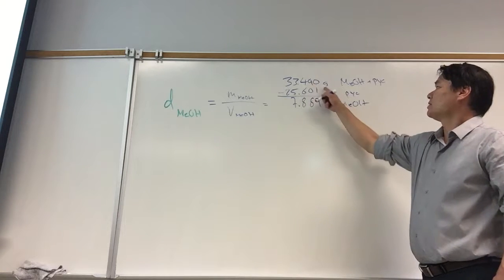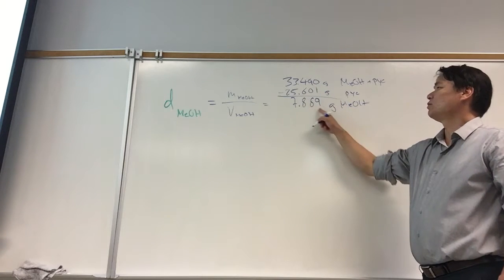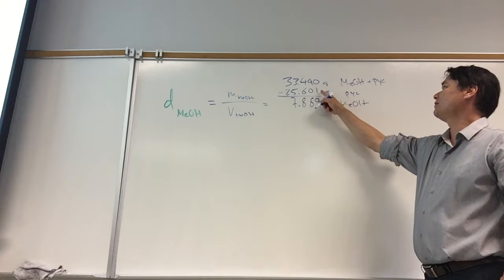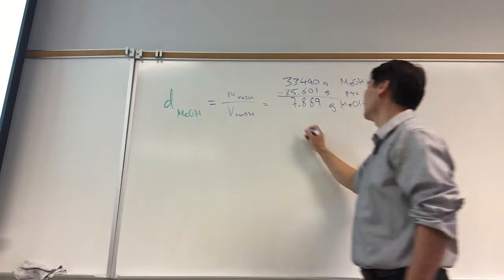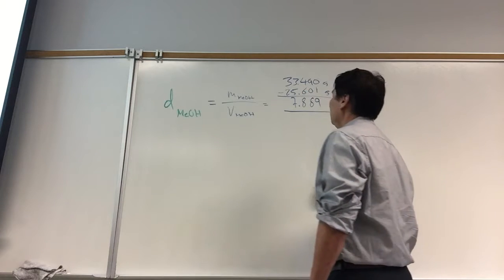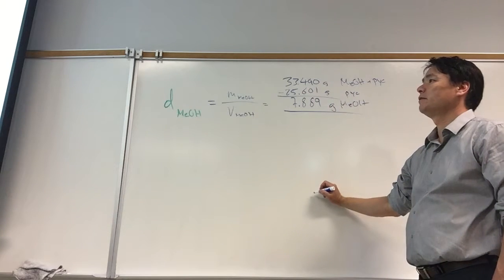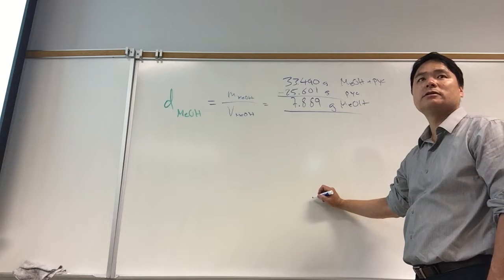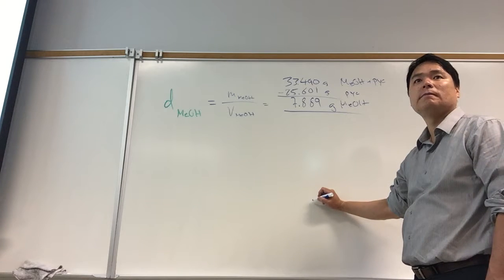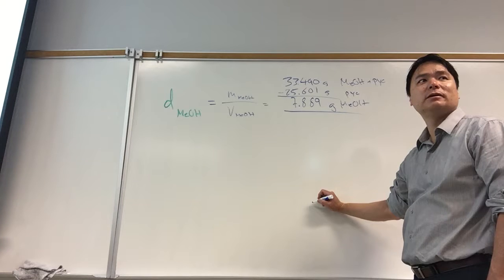All right, so we have 3 decimal places. This gives us 4 sig figs. Even though this is 5 sig figs, we only end up with 4 sig figs because it's addition, subtraction. We don't care about the sig figs of the other number. What was the volume of the pycnometer that we calculated yesterday? Did we calculate the volume of the pycnometer?